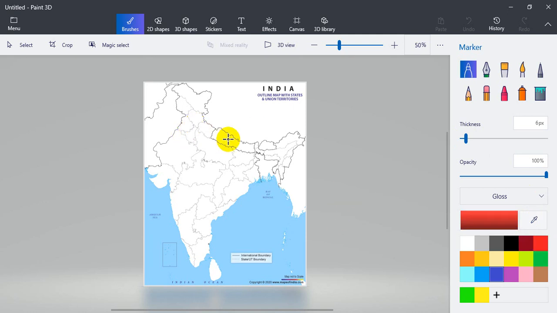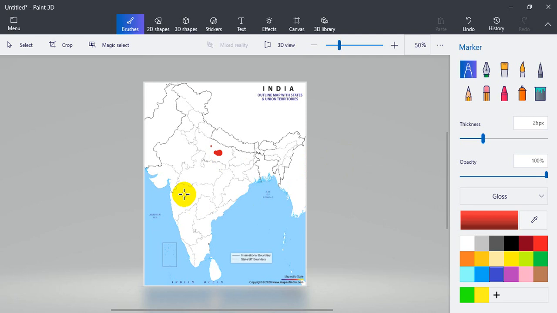Number one is sugarcane. We know the leading producer of sugarcane is Uttar Pradesh. So we'll put a dot over here, and that will show the leading producer of sugarcane.